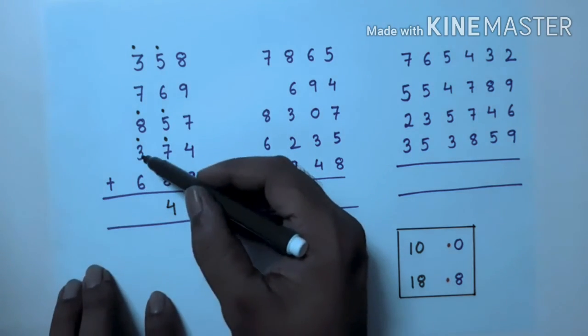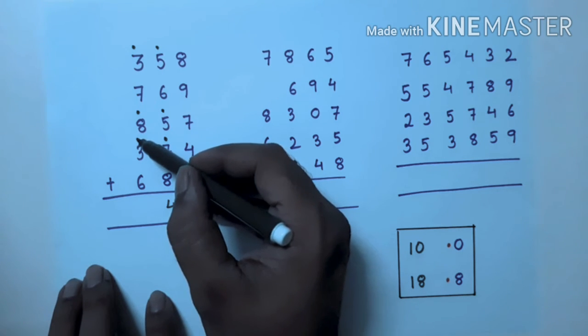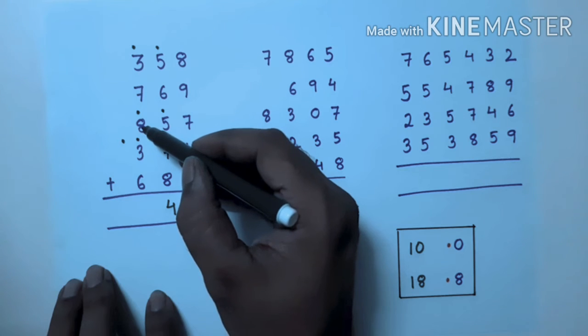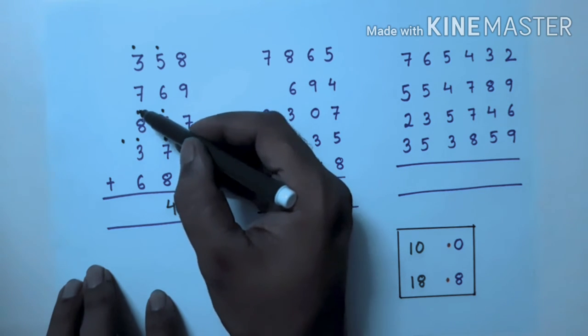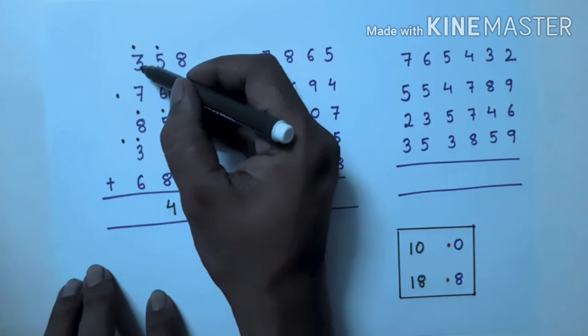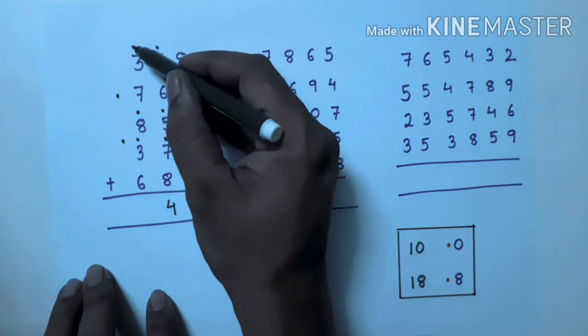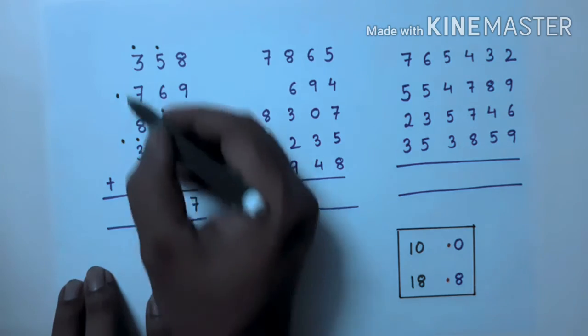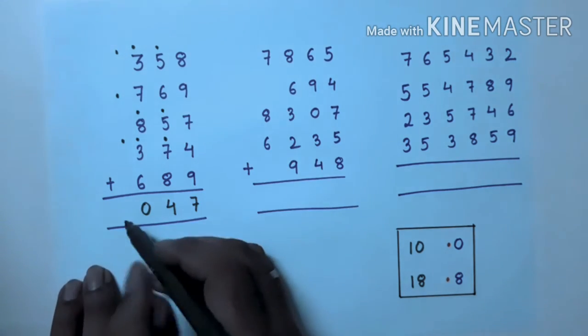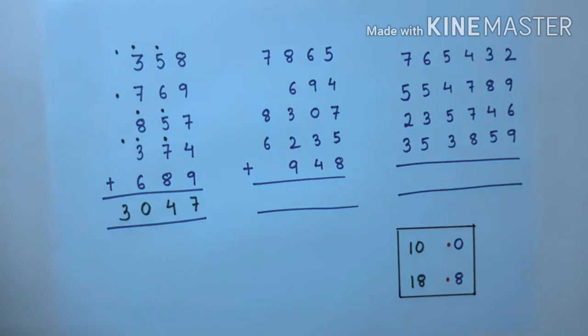Next 6 plus 3, 9, 9 plus dot, 10, 10, dot, 0 in the mind. 0 plus 8, 8, 8 plus dot, 9, 9 plus 7, 16, dot, 6 in the mind. 6 plus 3, 9, 9 plus dot, 10, 10, dot, 0. Next we have 3 dots, so we will write 3. So the answer becomes 3047.